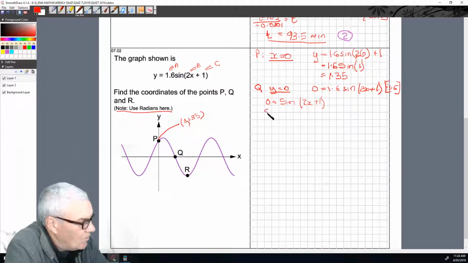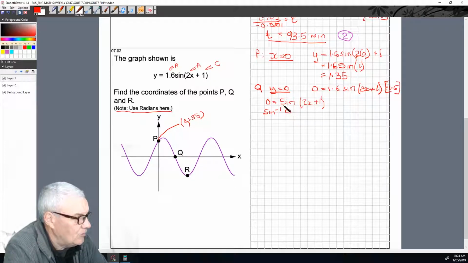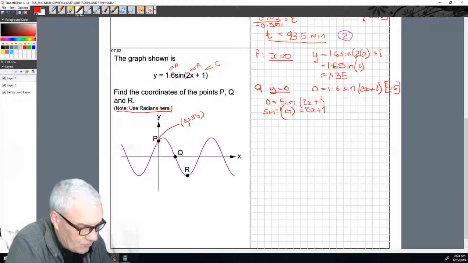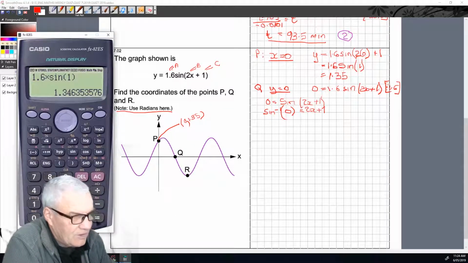And sine to the negative 1 of 0, which is the inverse, will equal 2x plus 1. So let's get our calculator out.